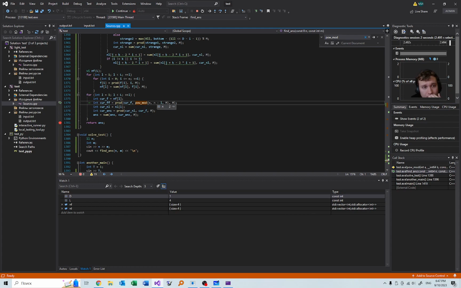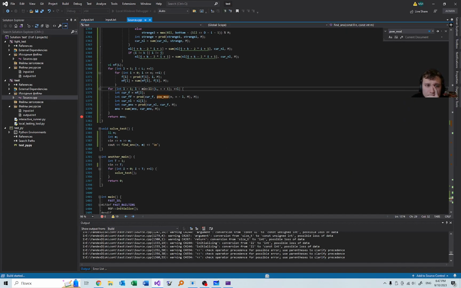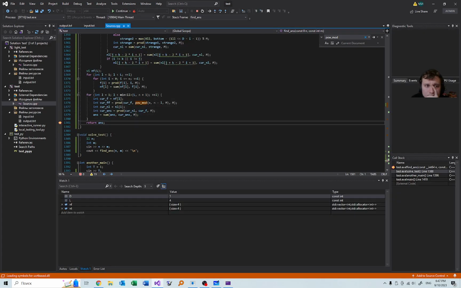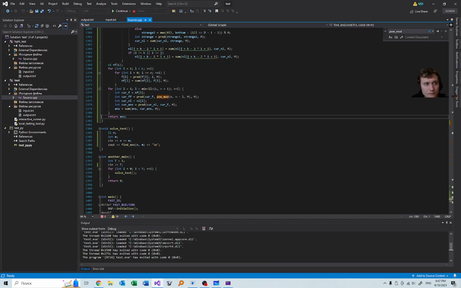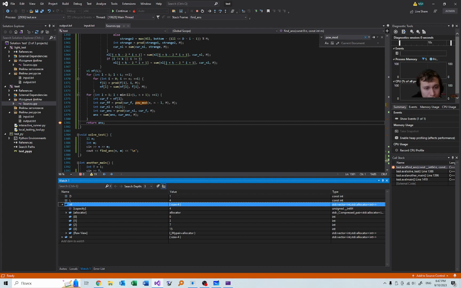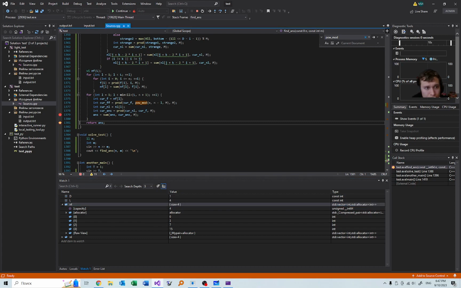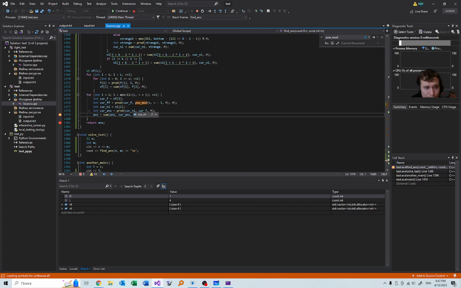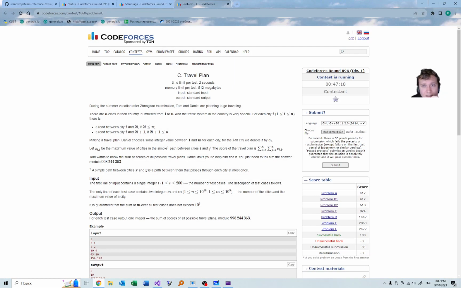Okay, it should be less than minimum of L and n minus 1 and plus 1. So now it's still 20. Let's investigate. So the answer should be 19, not 20.